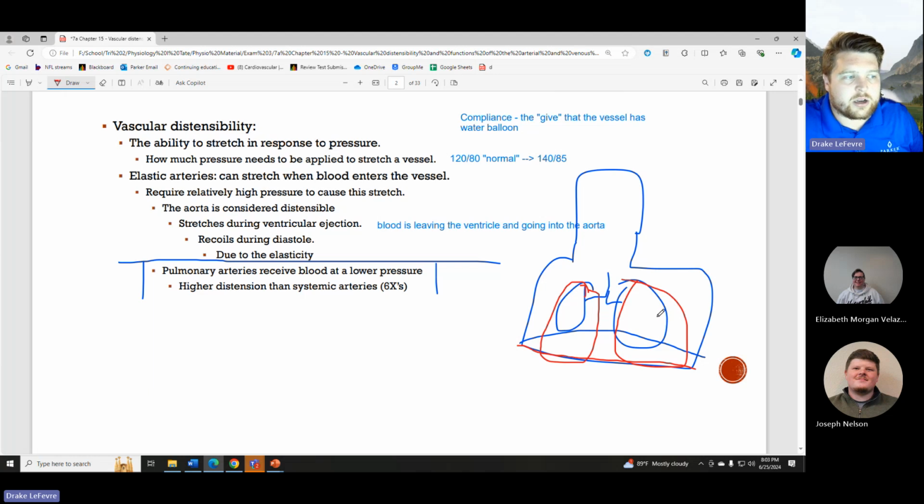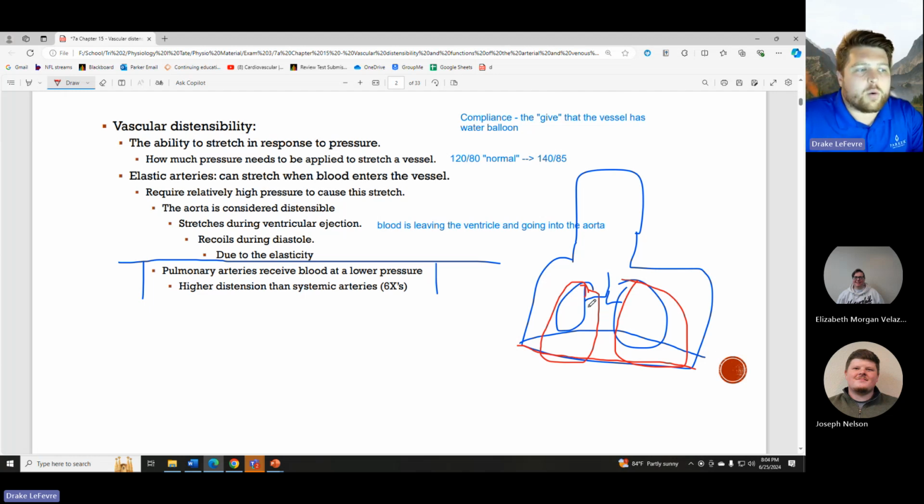Because our lungs are expanding with oxygen, and we have less pressure inside of the lungs than outside of our bodies, air goes from high pressure outside to low pressure inside our lungs.